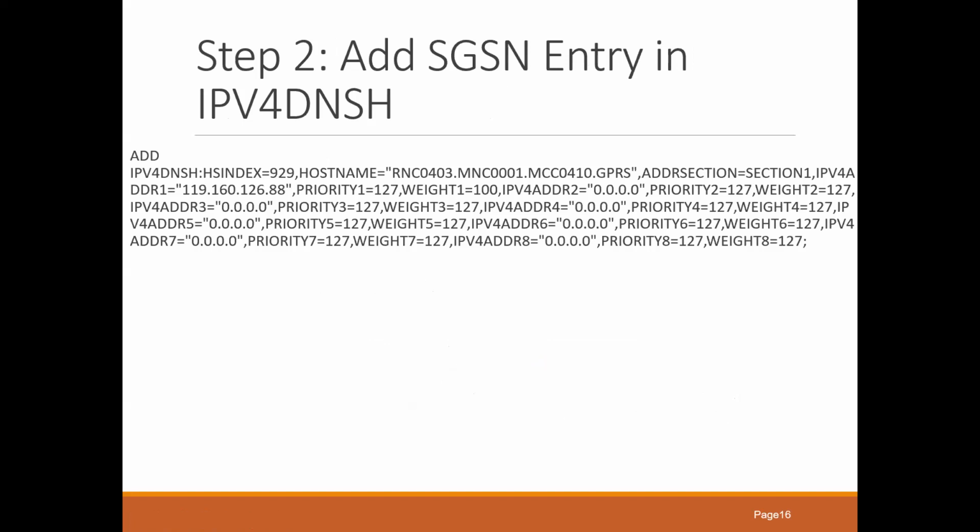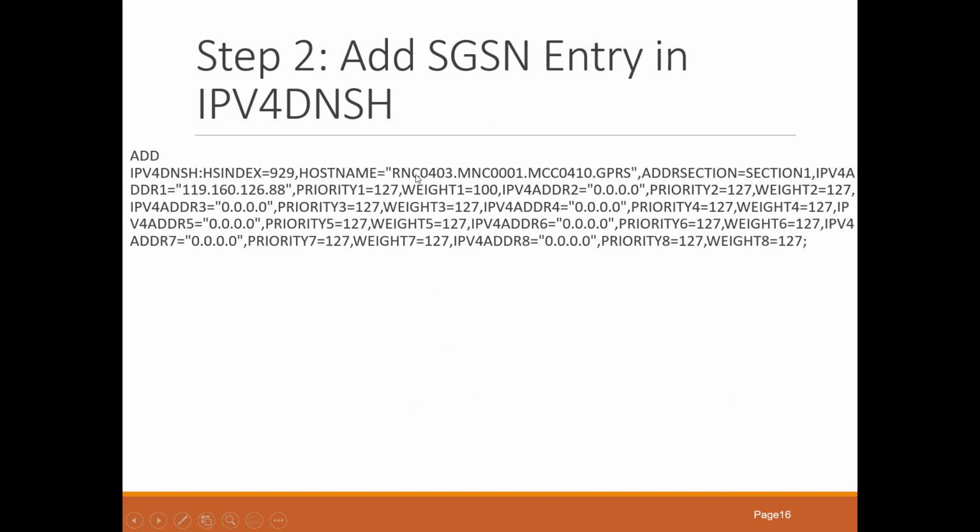The other one is adding an SGSN entry in the IPv4 DNS. This is one example. The command is add IP for DNS index. This host index is unique, and in the host name you specify the RNC or the routing area. Here I have specified the RNC.